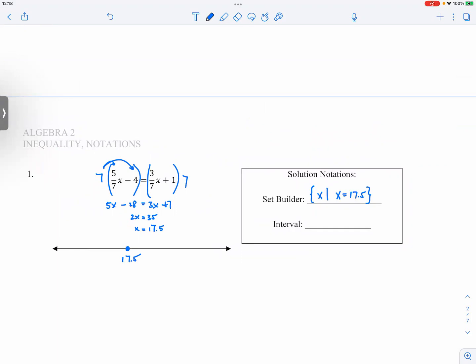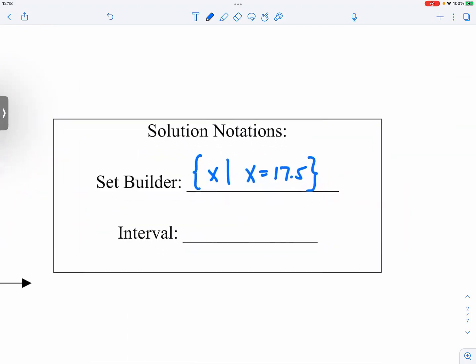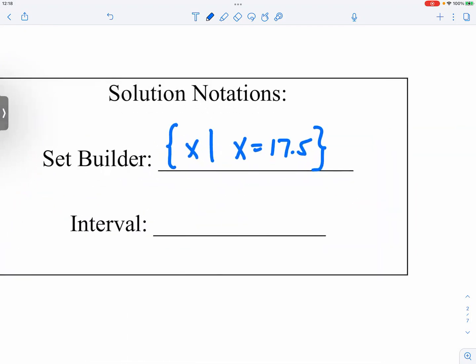It's only a point. So if we have to kind of force the idea of interval to express a point, we'll say from where to where? From 17.5 to 17.5.